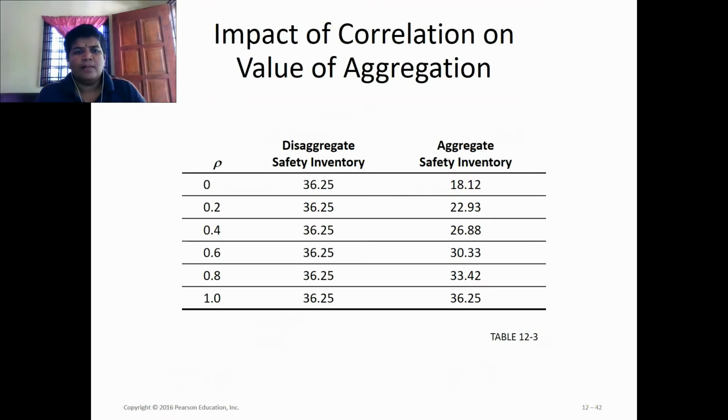So you see, the disaggregate safety inventory is similar, but for aggregate safety inventory there is an increase in these numbers, so there is an increase in safety inventory.